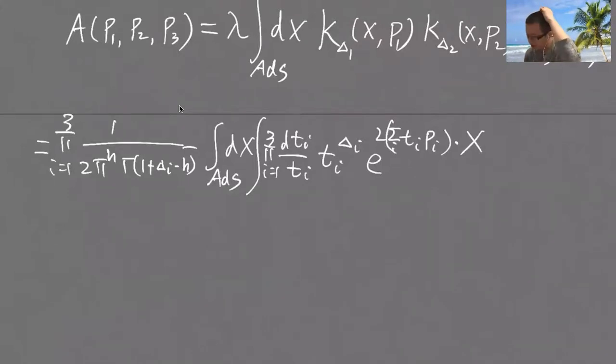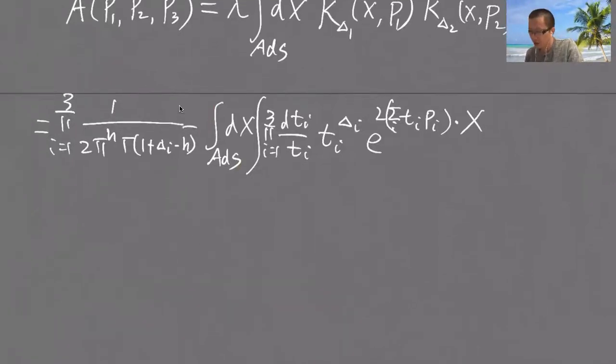The reason we introduced this Schwinger representation is because it's convenient. In this representation, we can do the AdS integral first. To do that, we need to use an integral identity, which I will give you as an exercise.